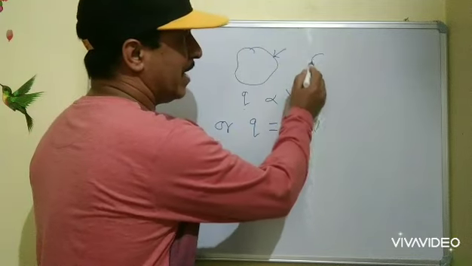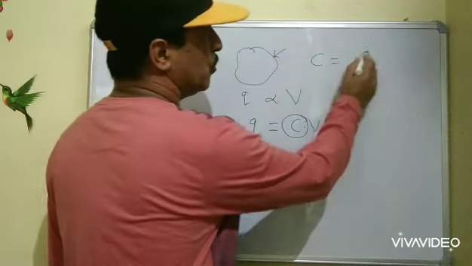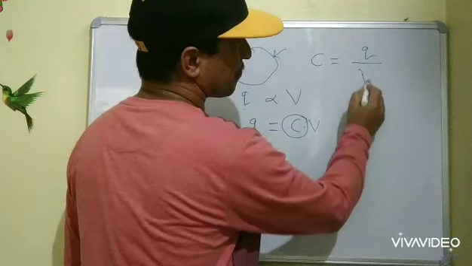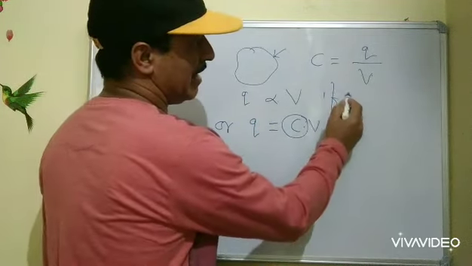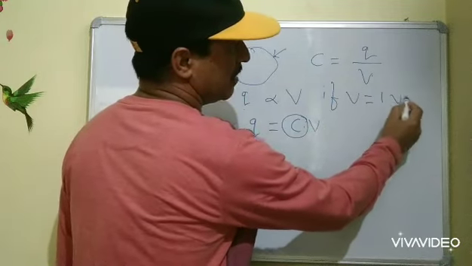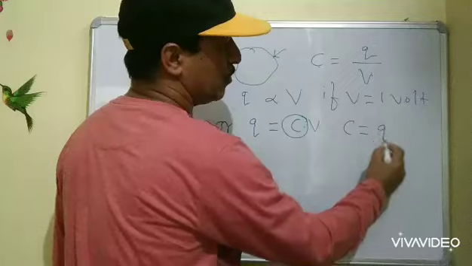It can be defined by rearranging this equation as C equal to Q upon V. If I write V equal to 1 volt, then you will see that C is equal to Q.